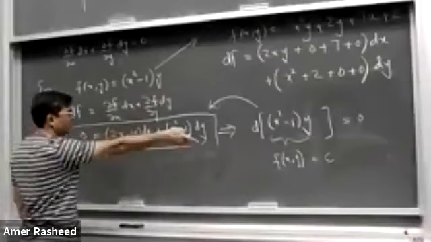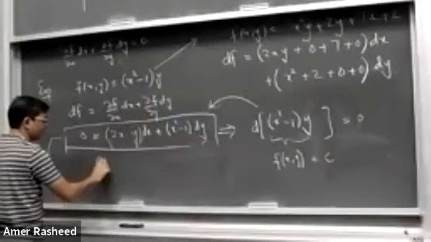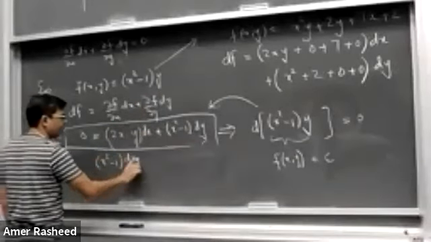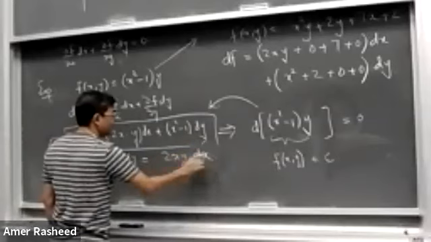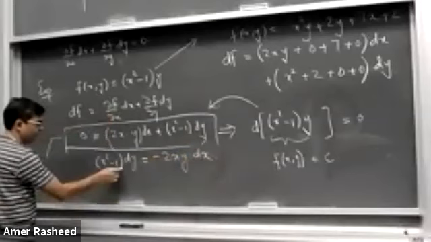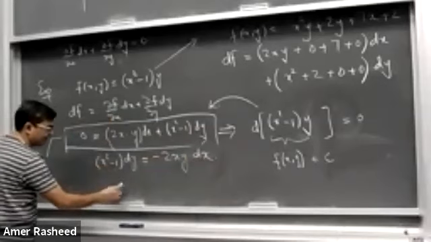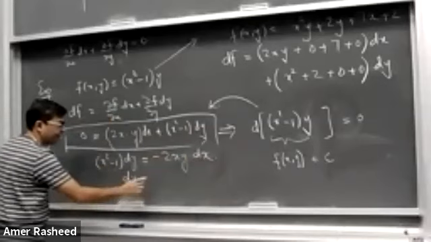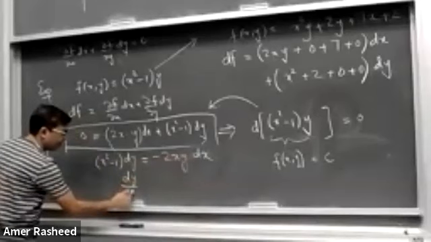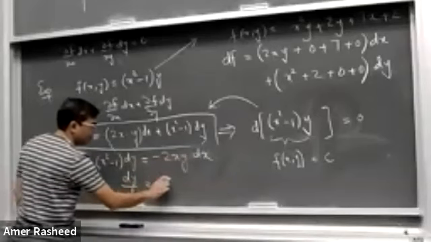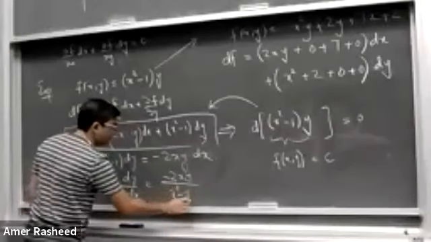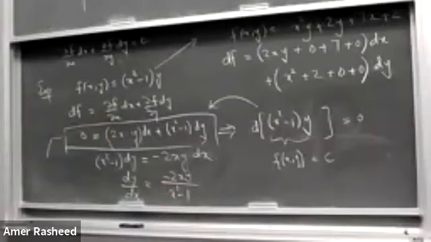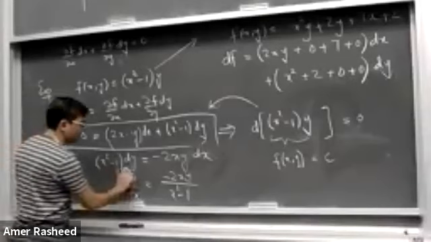So we take dx on the other side, and we can write x square minus 1 dy is equal to negative 2xy dx. Now you divide both sides by this thing, and then divide by dx here. So dy by dx is equal to negative 2xy divided by x square minus 1. So what is this? This is the first order differential equation.